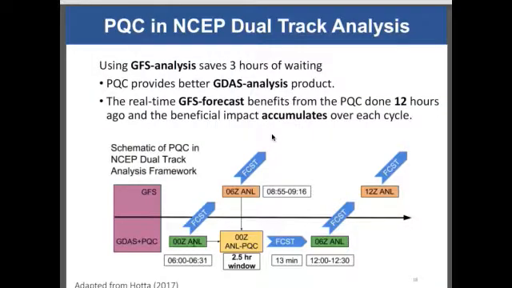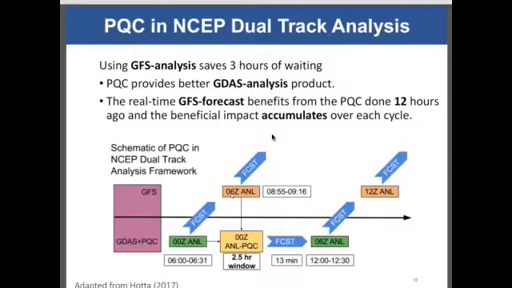To fit PQC in the NCEP dual track analysis, here we put the PQC right after the GDAS analysis. Actually right after the early analysis is done. In this example we're doing PQC for the 0Z, and we need the 6Z analysis to do the verification.